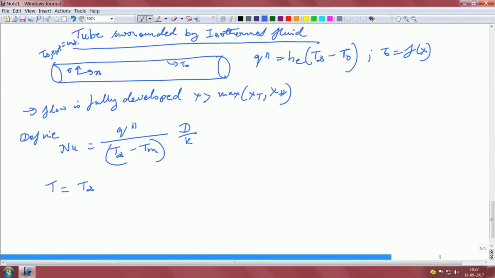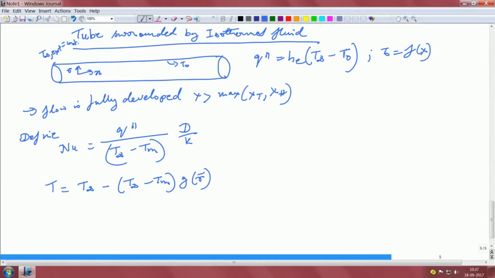This definition of Nusselt number is very different, because previously you had T naught minus Tm, or you had it in terms of q double prime. This is different because our q double prime is defined in a different way too. So, let us take T equals T infinity minus Tm times G r bar.